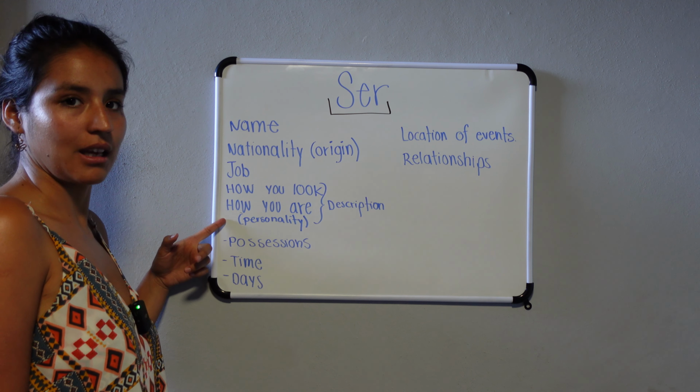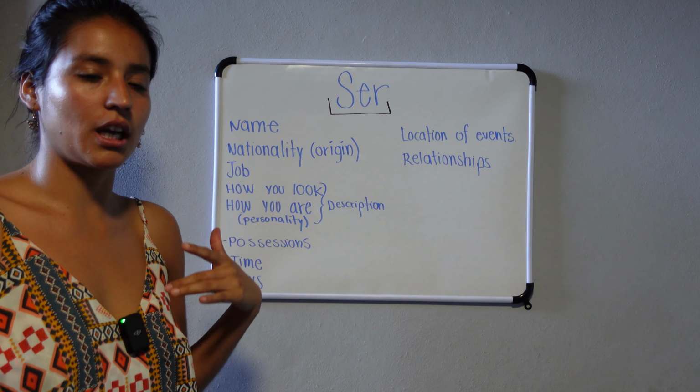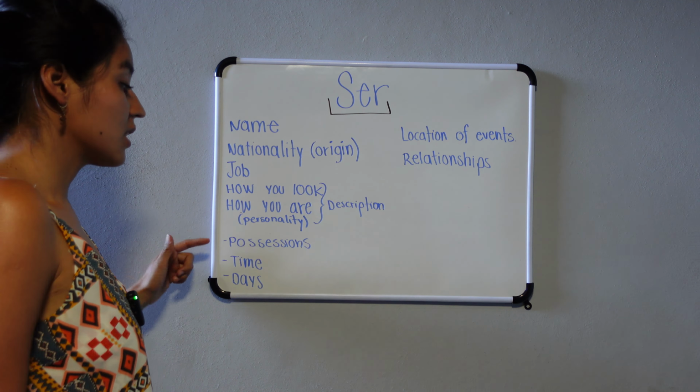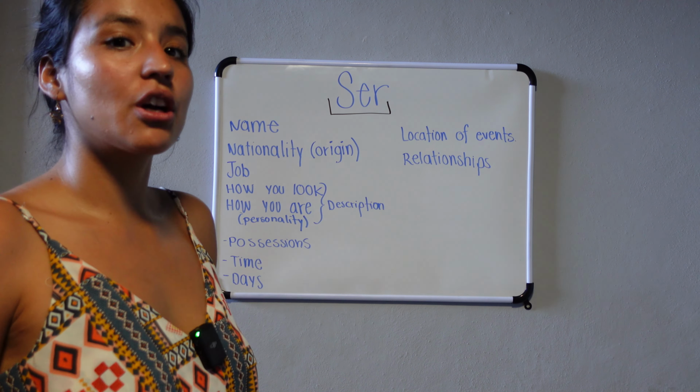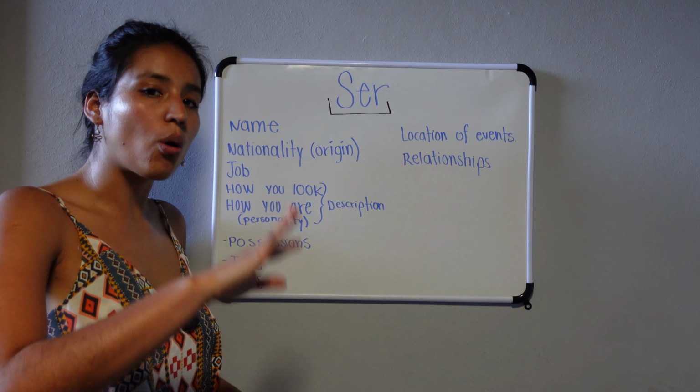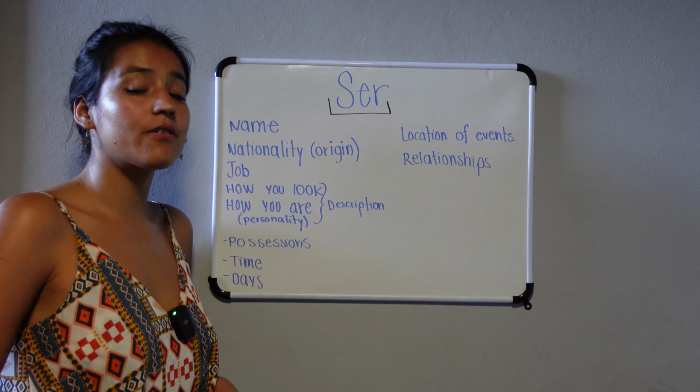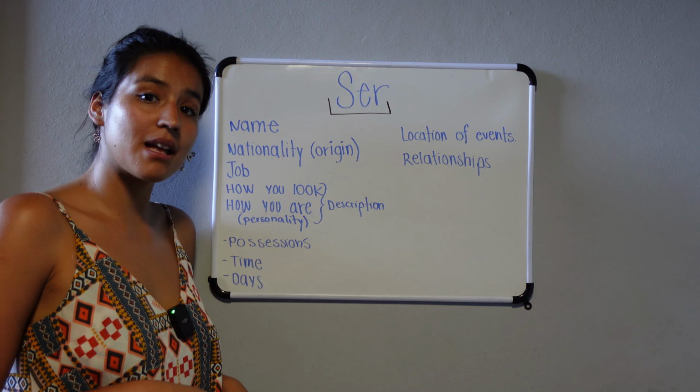Your personality. This is about description, okay? Possessions. When you want to talk about all the things that you own, it's this. Time, days, location, but just location of events. Not all the locations, just location of events, and relationships, okay?